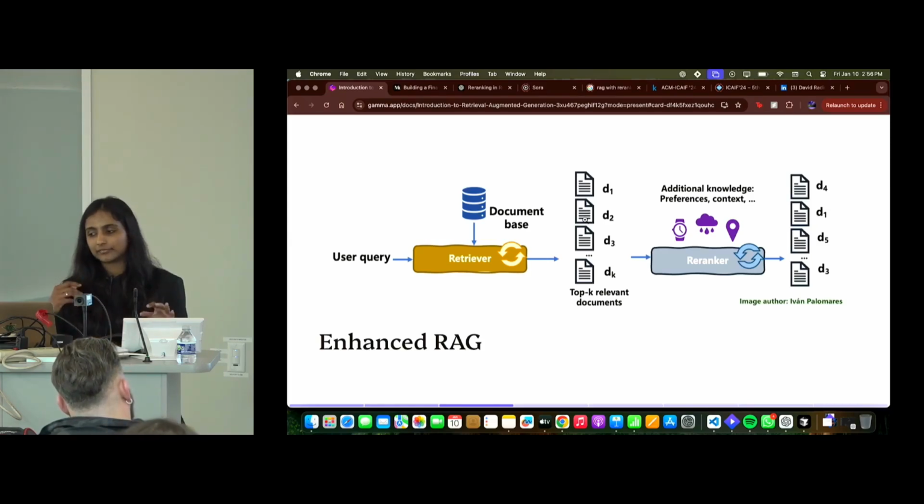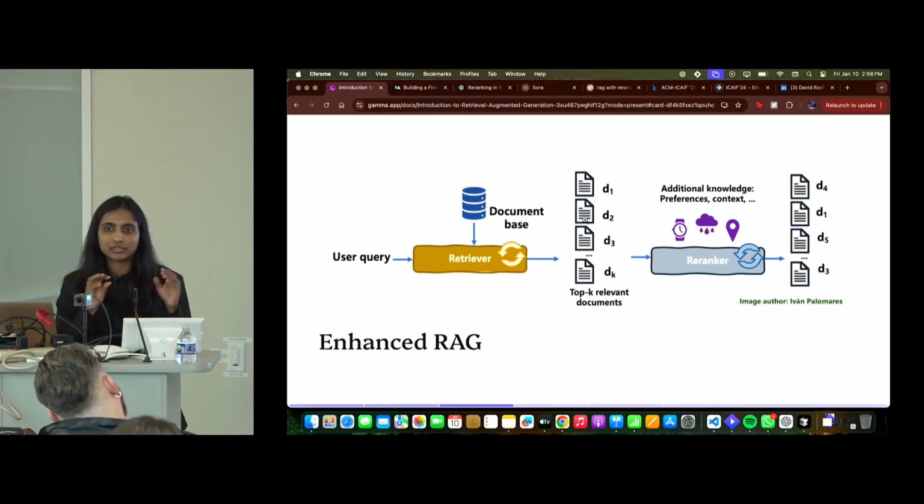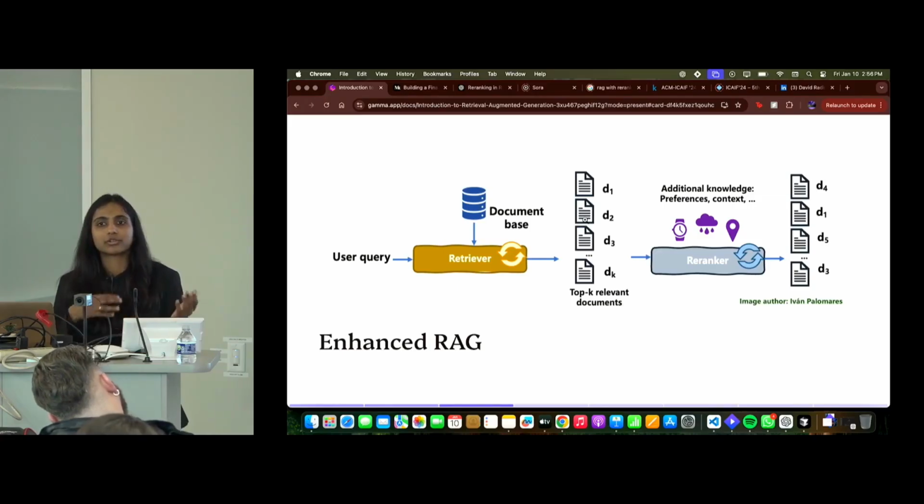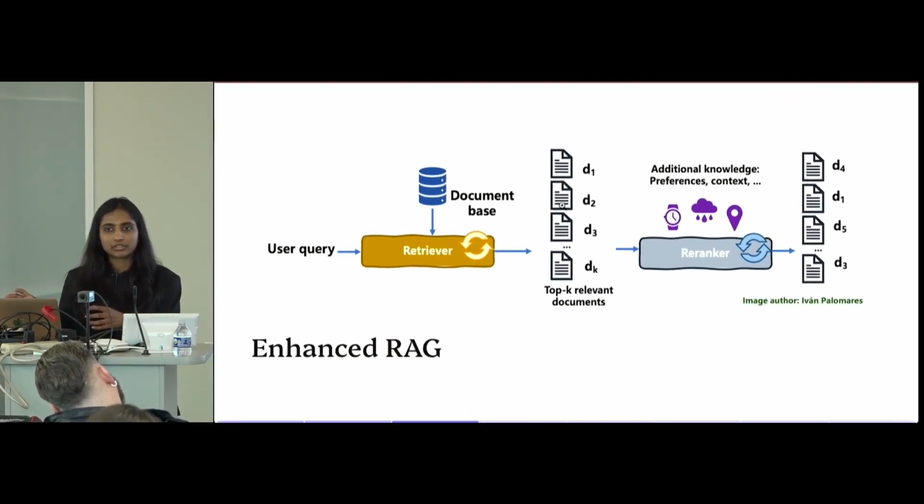So it depends on you. If you just want to re-rank based on the same query again, you can do that. Or if you feel like there is some additional context that you can provide in the form of documents or something else, then that can also be used. A re-ranker is generally a cross-encoder that would embed your query and your document together.